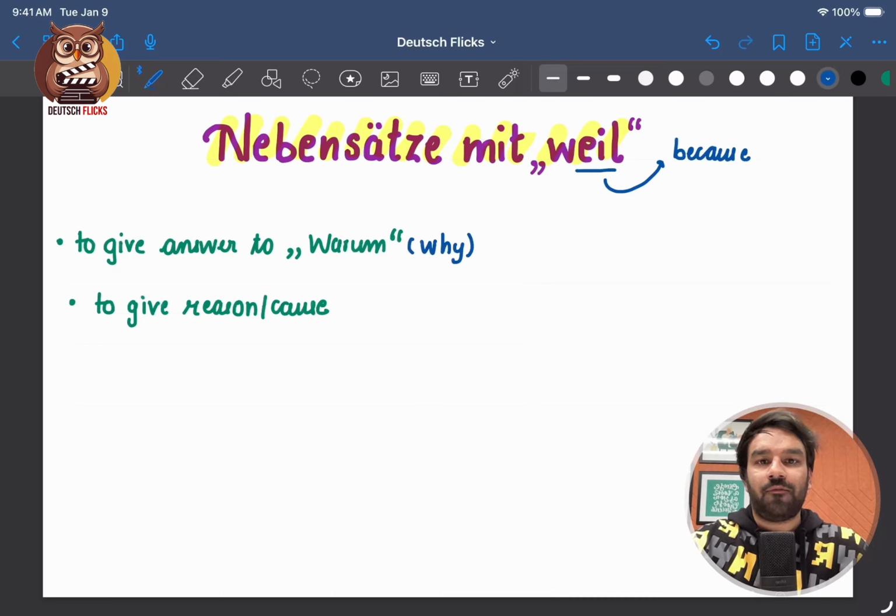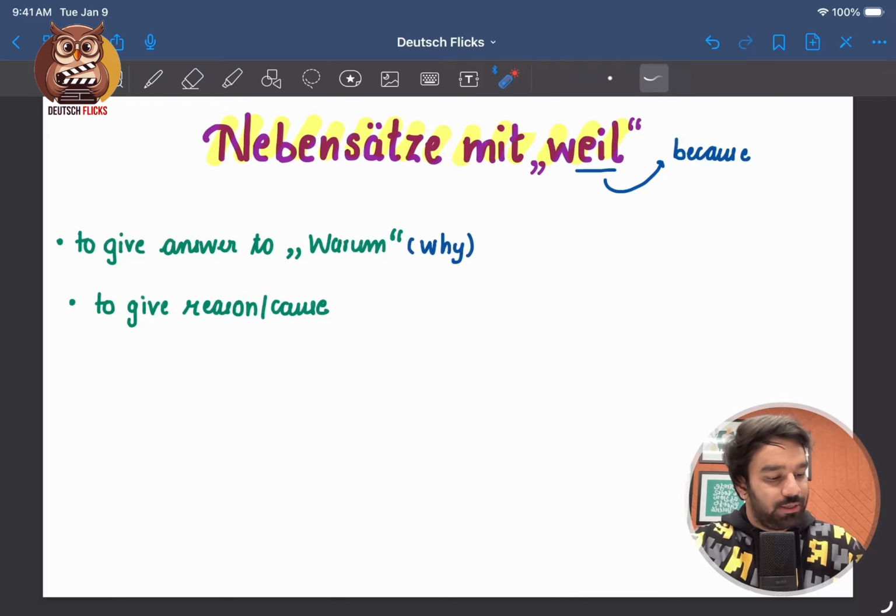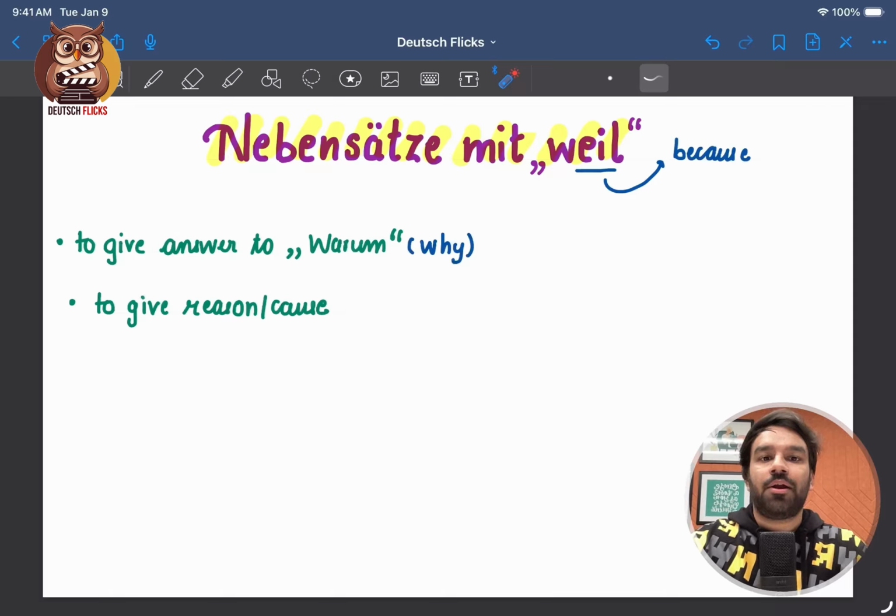So we understood weil, but what about this word Nebensätze? Was sind Nebensätze? Nebensätze means subordinate clauses or dependent clauses. To understand a dependent clause, let's take an example. Suppose I say to you, because I am tired. You will not get it unless I give you the context. The context is, I haven't done my homework because I am tired.